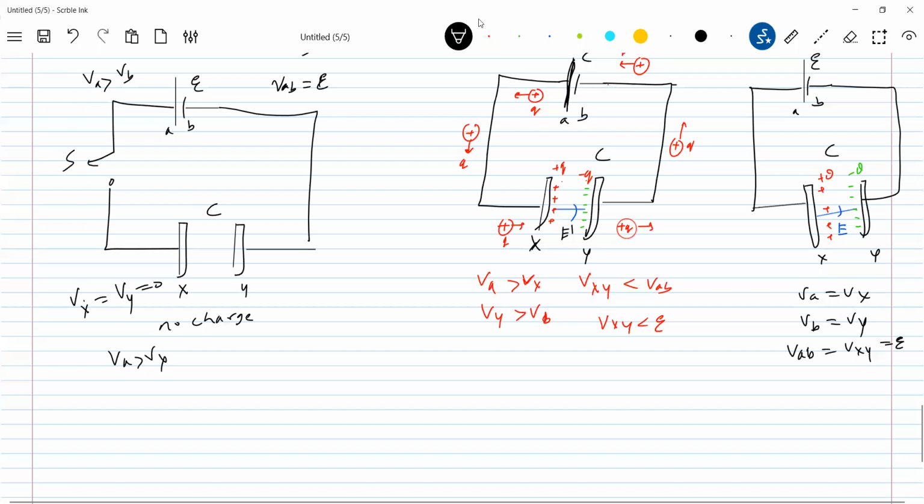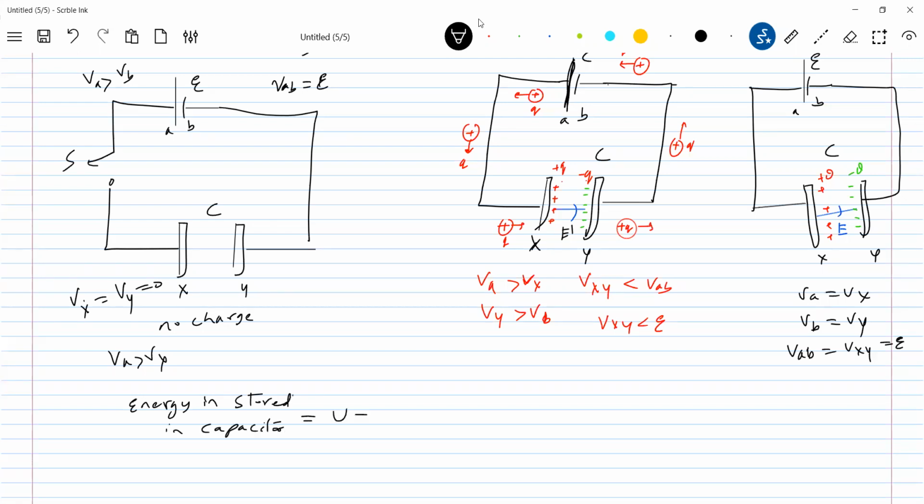So what is the expression for energy in a capacitor? Energy stored in the capacitor, I'll use the symbol U. This should be equal to how much? Q square by 2C. We don't know the value of Q.